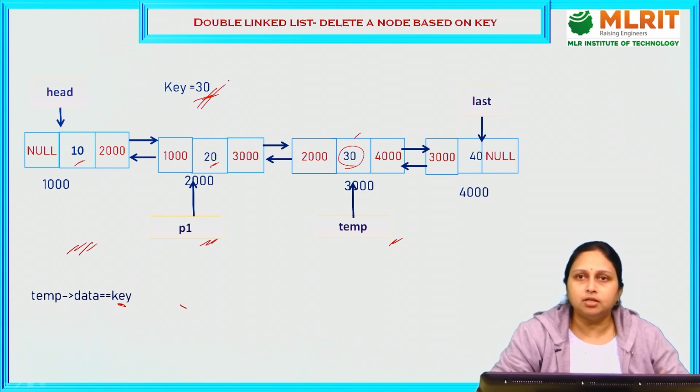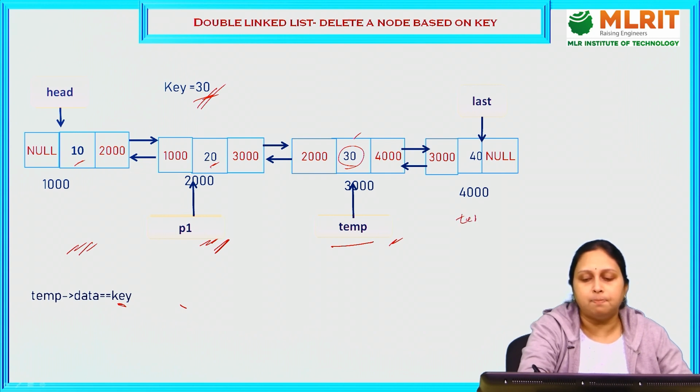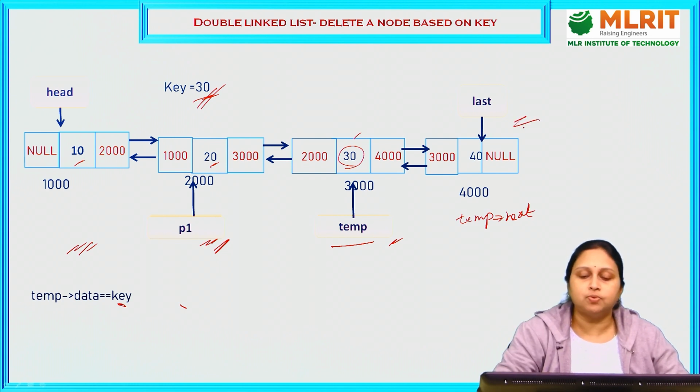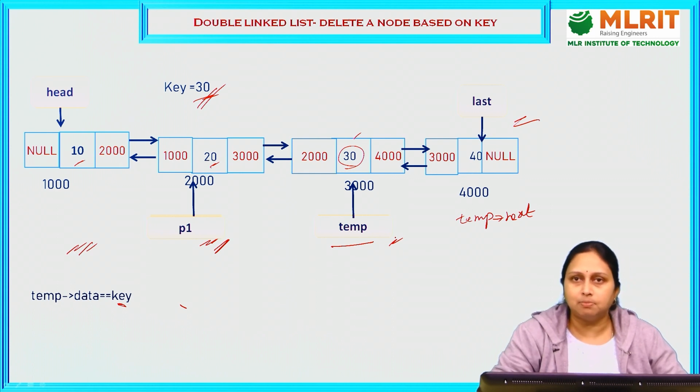Now identify the names of the nodes we have here. This is P1, this is temp, and the next node is temp arrow next. Every time this may not be the last node, you may have some other nodes. That's why we name the node after temp as temp arrow next.